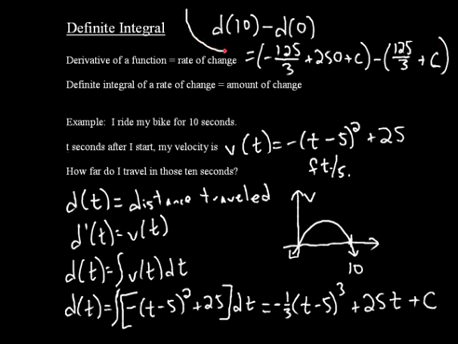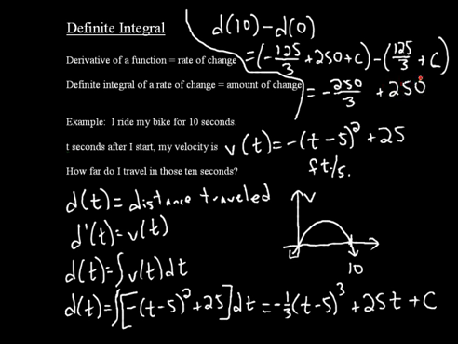And my total change, let's see, is negative 125 over 3 minus 125 over 3. That's going to be 2 of those, so I'll double the top: negative 250 over 3 plus 250.